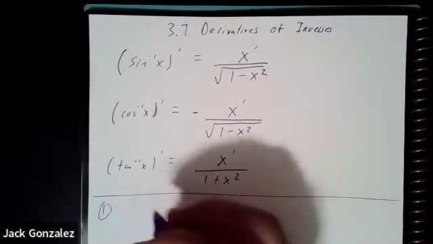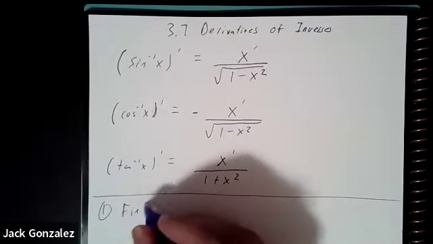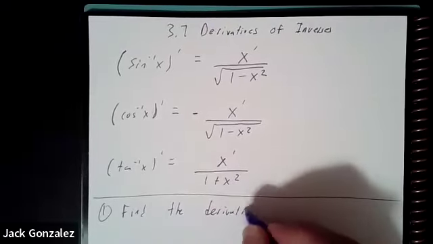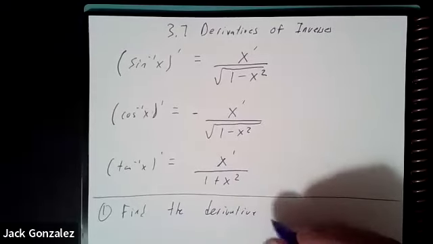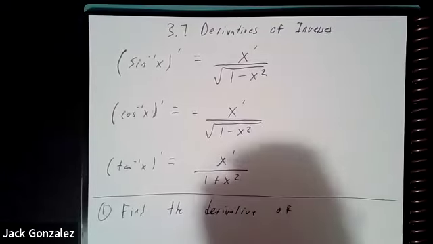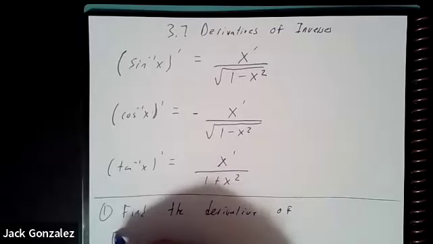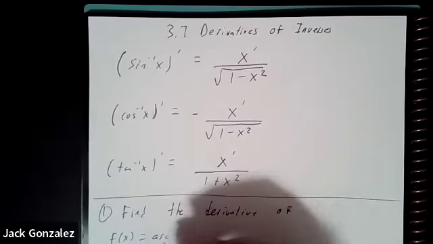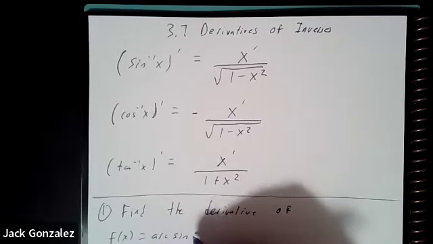Let me show you number 1. Find the derivative of, in the book, I think they use arc cosines. Let's go ahead and use both of them so we're comfortable. Arc sine of x minus 4.